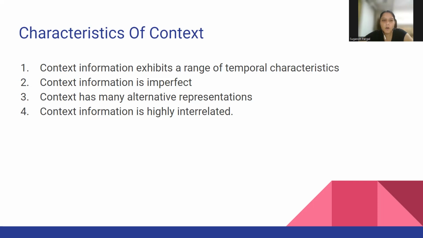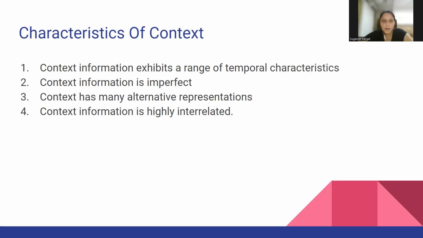Another characteristic of context is that it has many alternative representations. At one moment, based on the application, the context may comprise the temperature and the surrounding light. But at another moment, the context may depend on the location of the user.